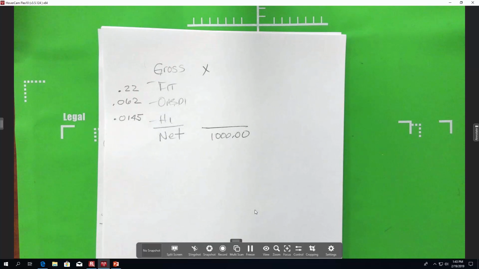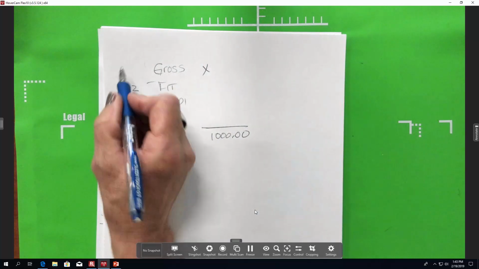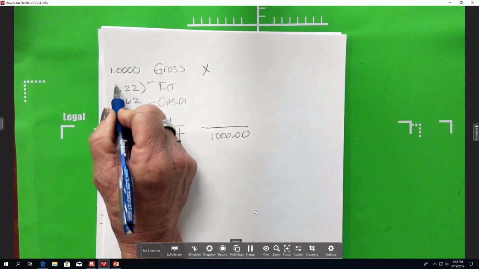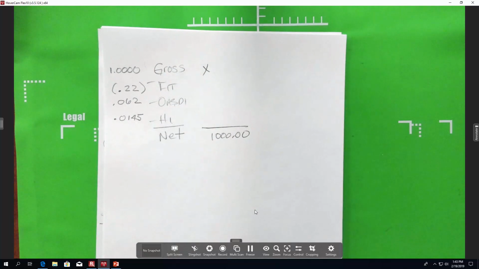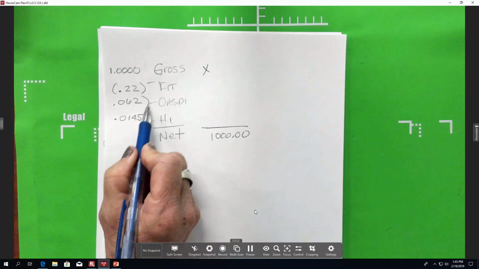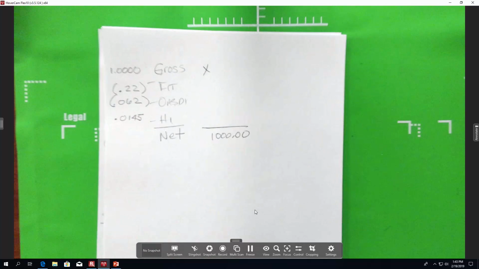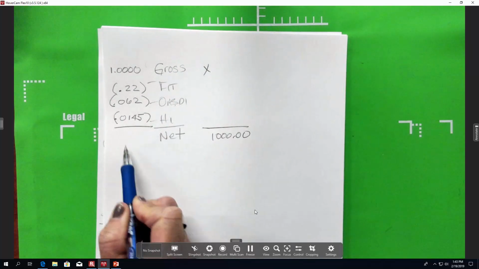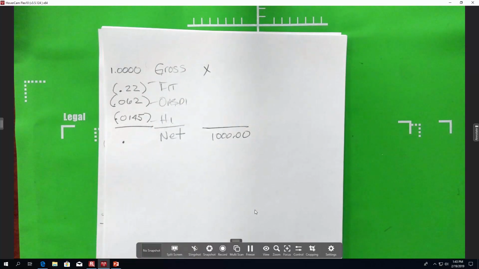So that's how much taxes is being withheld from the paycheck, right? So obviously my gross is 100% of my gross. So if I subtract 22% for FIT, and I subtract 6.2 for OASDI, and I subtract 1.45 for HI, what percentage is left for my net paycheck?